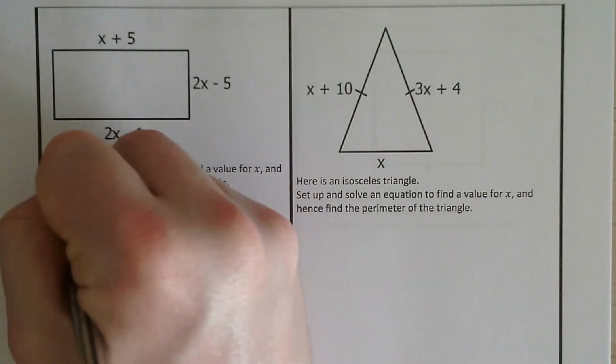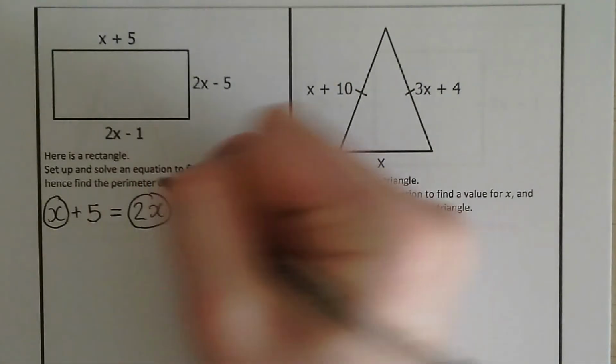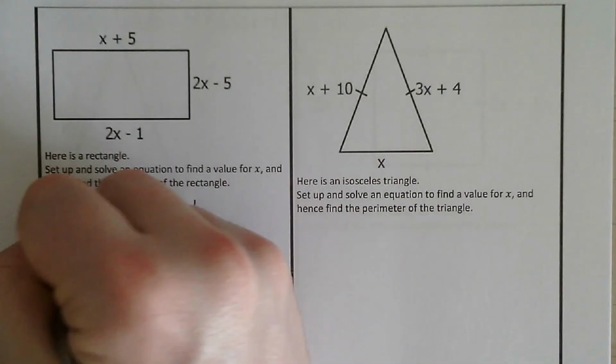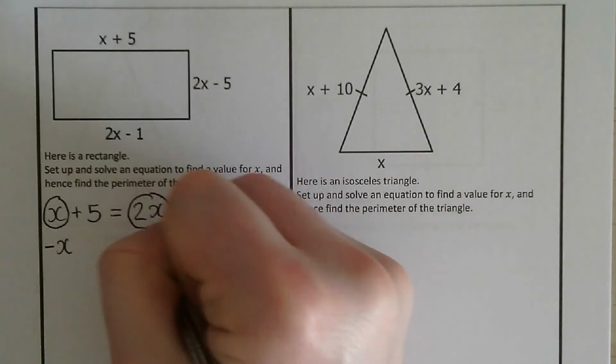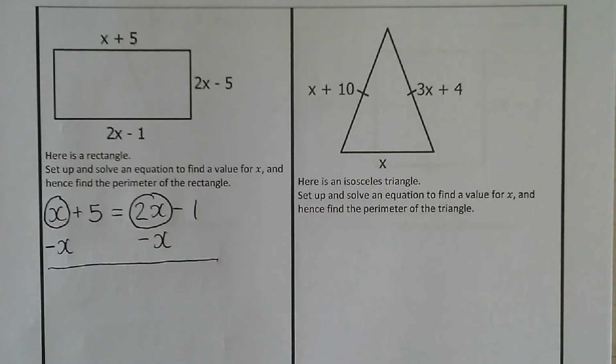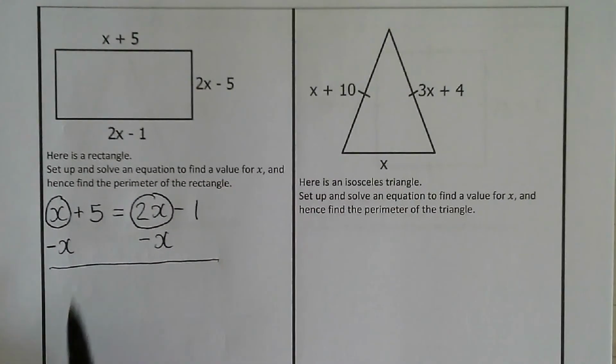We start by circling the terms that contain the variable. That's x and 2x, and we need to decide which term is the smallest. That's x. So to undo this x, we need to subtract x from both sides of the equation. x take away x is nothing, so we don't write anything here.